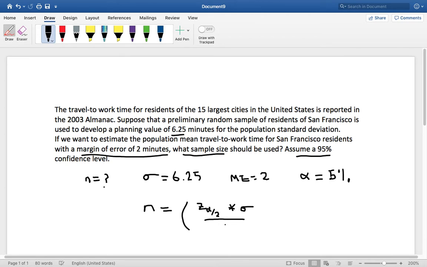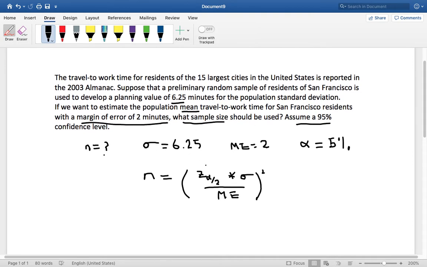I am using the one for means, because the question is asking about the mean. If we want to estimate the population mean travel to work time, it didn't ask for a proportion, so this is what I have to calculate.